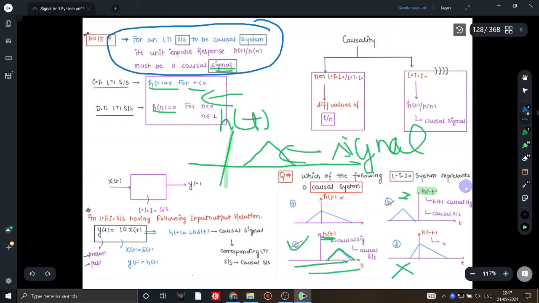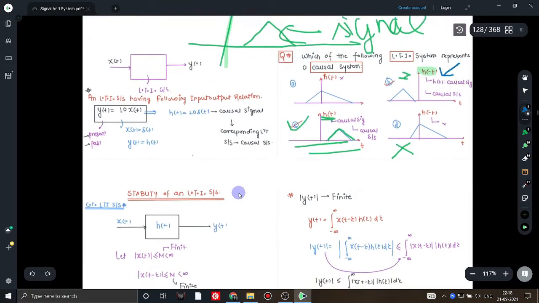At first, I thought it was not a causal signal, but it was, because the coefficient of t was negative. So we have to check that the coefficient of t is positive, and if it is not positive, we should make it positive and then apply the concept to check the causality of the signal.